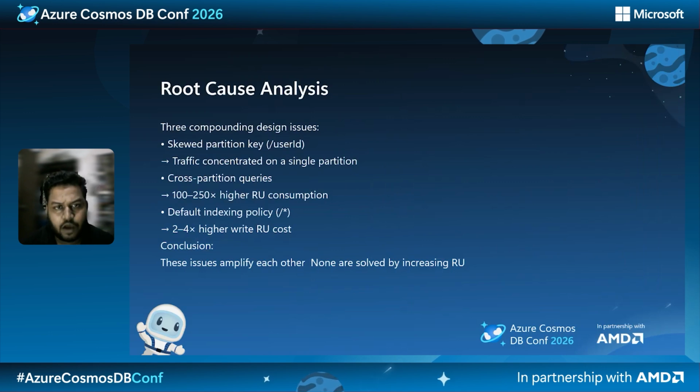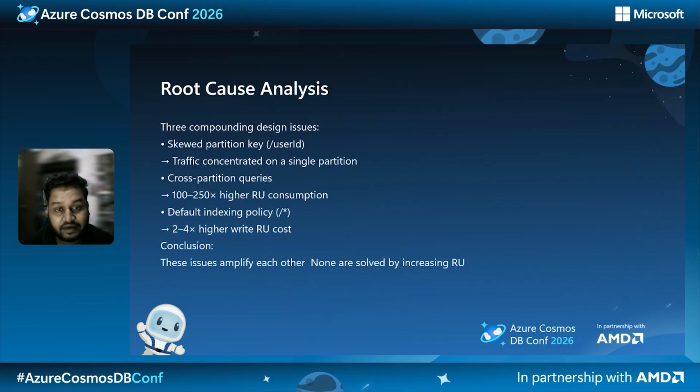So now, putting everything together, we have identified three compounding design issues. First, the partition key caused uneven distribution, leading to a hot partition. Second, queries were running across partitions, which significantly increased RU consumption, in some cases 100 to 250 times more.